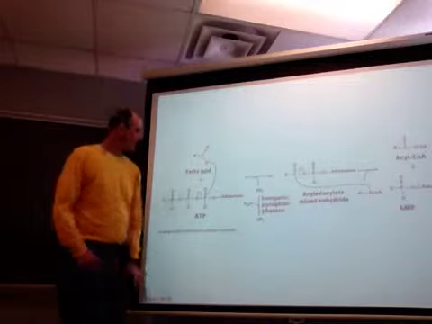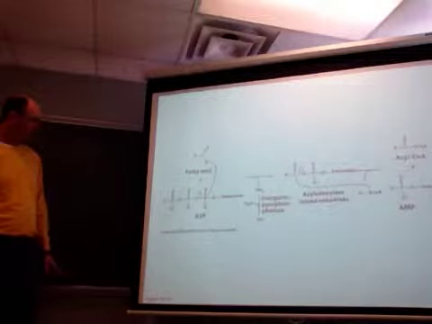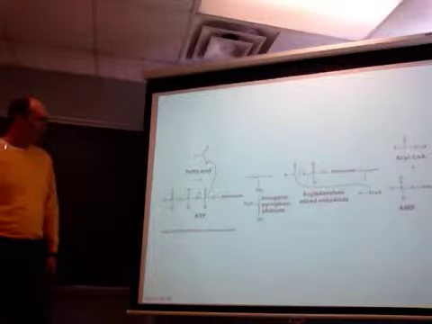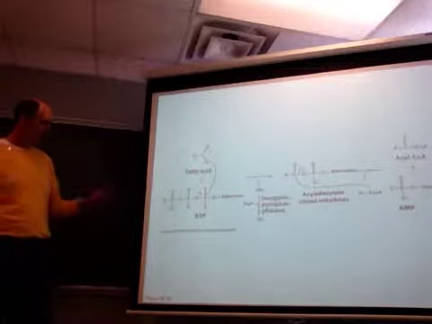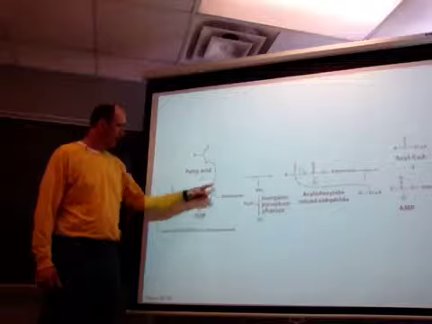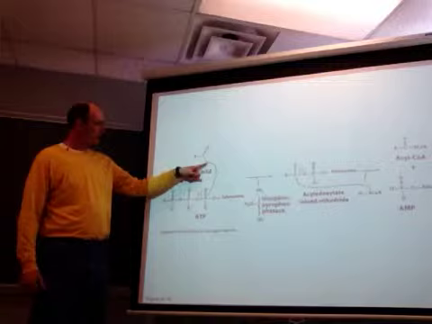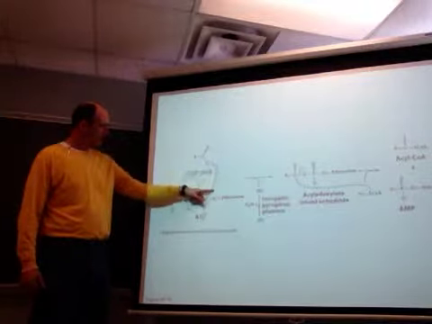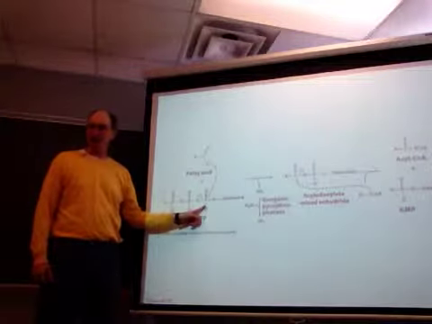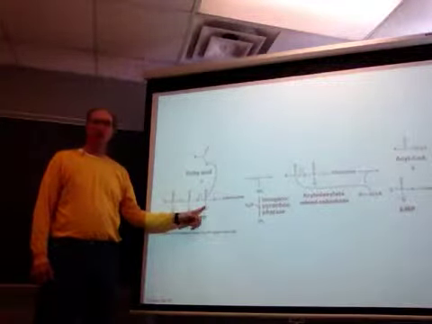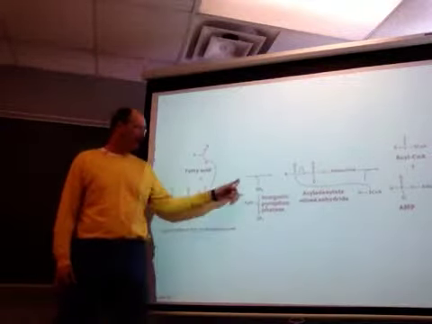So, a free fatty acid comes in, and the fatty acyl AMP synthase enzyme uses the fatty acid's carboxylate group as a nucleophile on the alpha phosphate of ATP, meaning we displace the beta and gamma phosphates as a pyrophosphate ion.